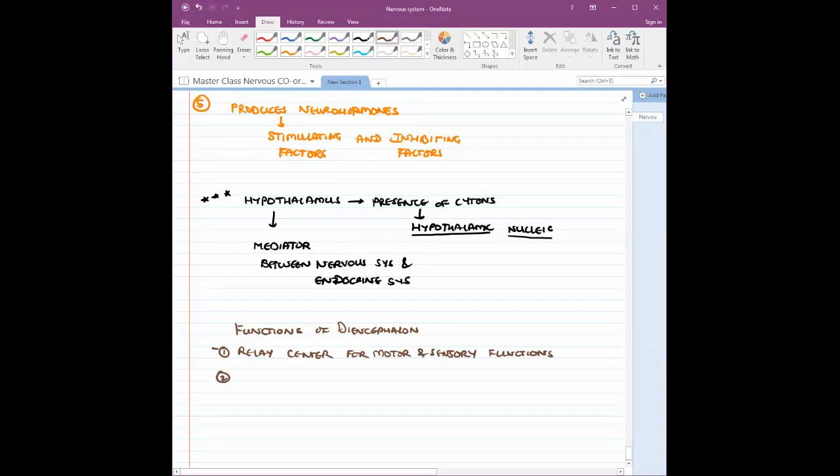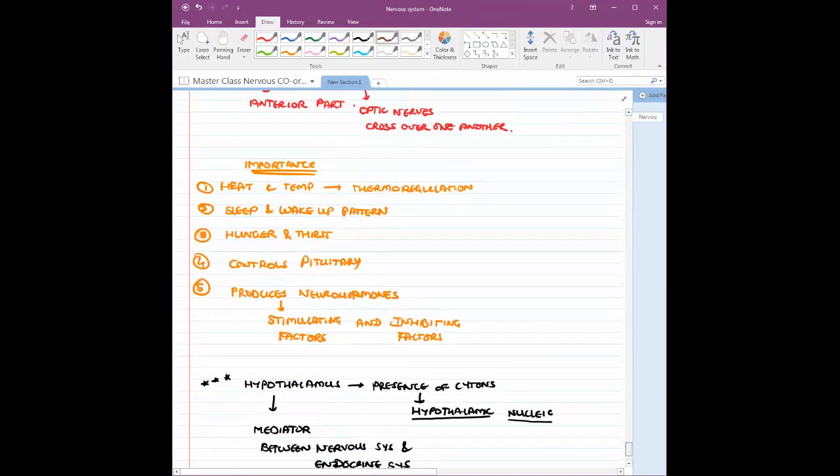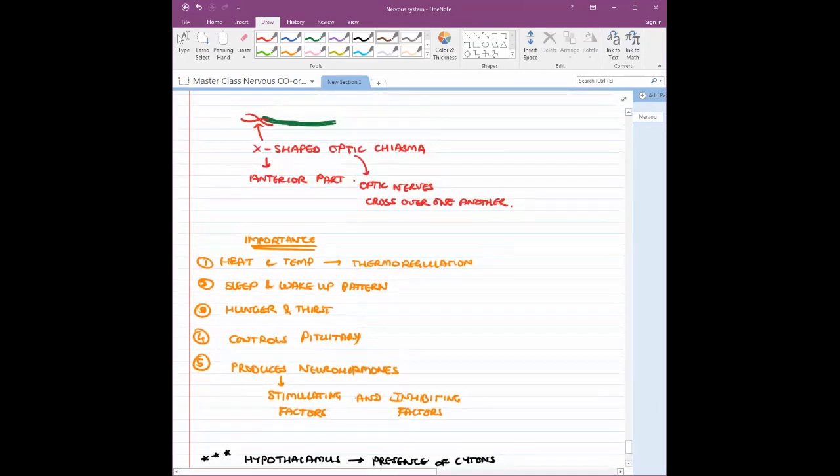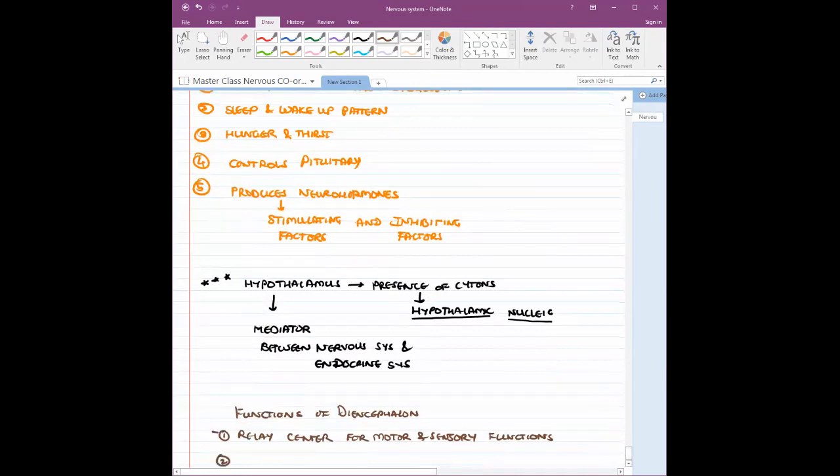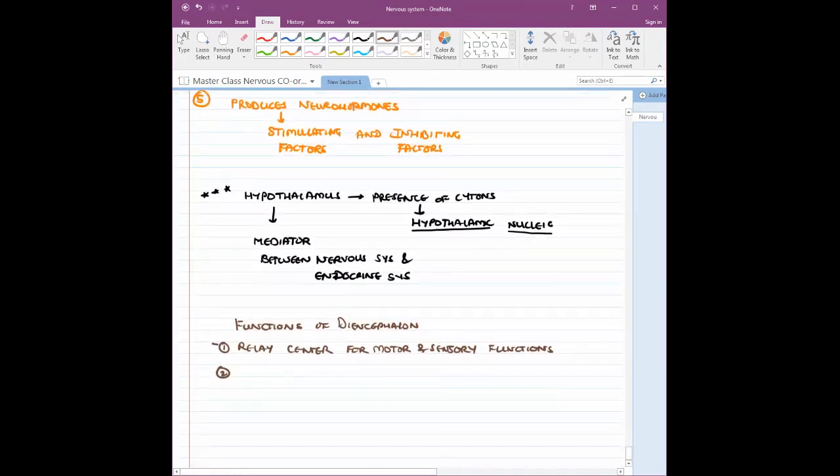Second thing, the hypothalamus takes care of heat and temperature, sleep and wake-up, hunger and thirst, and it controls your pituitary. The pituitary also helps to maintain osmoregulation and homeostasis. So this also helps to maintain homeostasis. What is homeostasis?